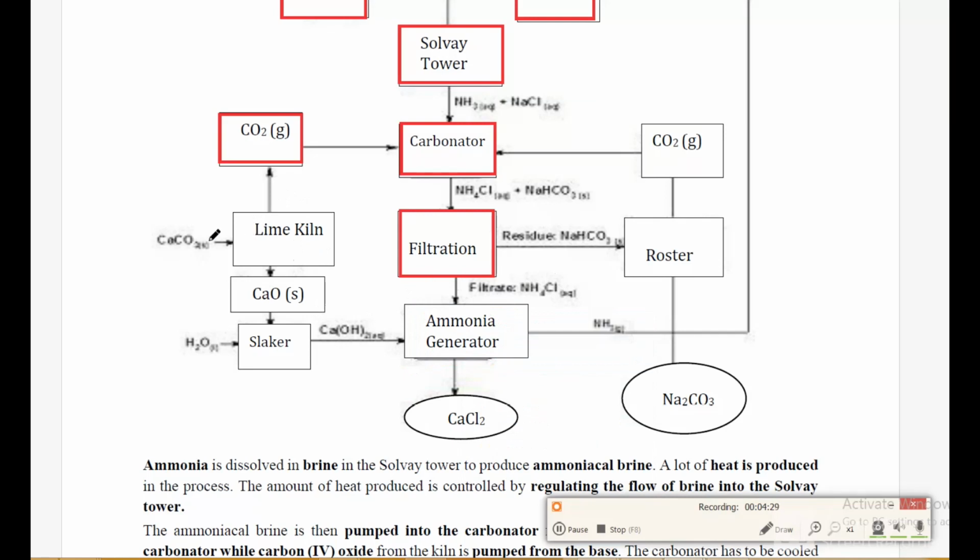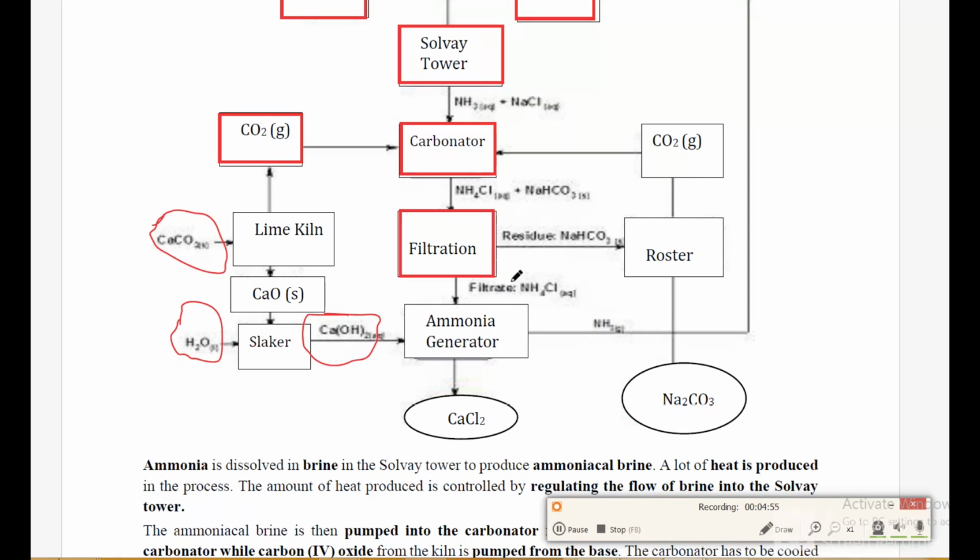In the kiln, it is where calcium carbonate ilichomwa ikatengeneza carbon dioxide na calcium oxide. Calcium oxide here ikaongezwa maji, water, and this one is called slaking. So here calcium oxide ikiongezwa maji inatengeneza calcium hydroxide. This is calcium hydroxide. Now calcium hydroxide inaingia kwa ammonia generator.